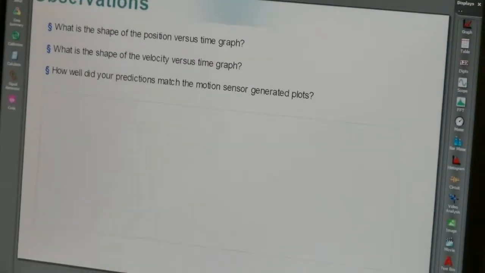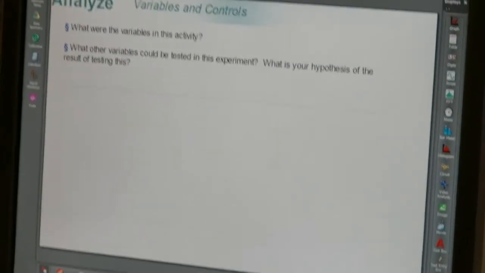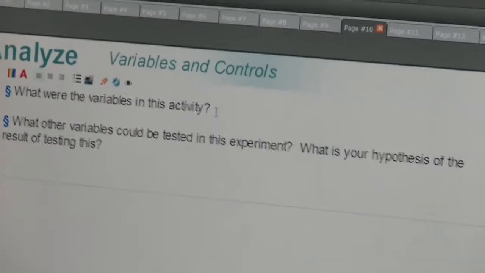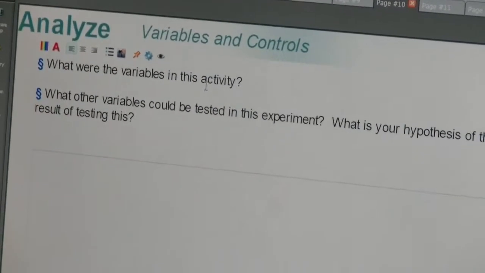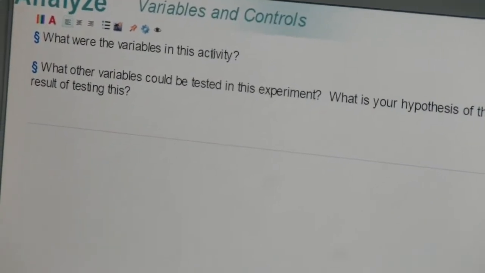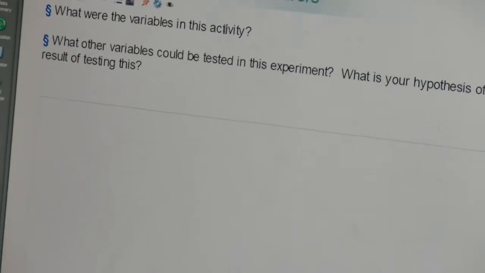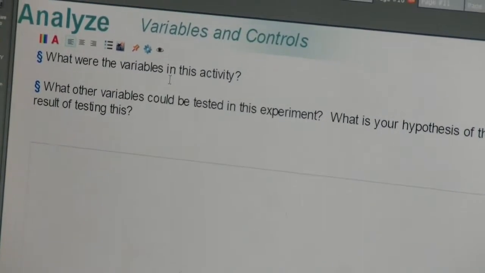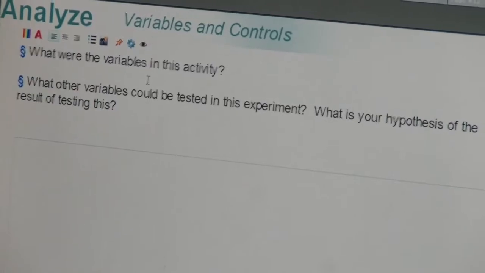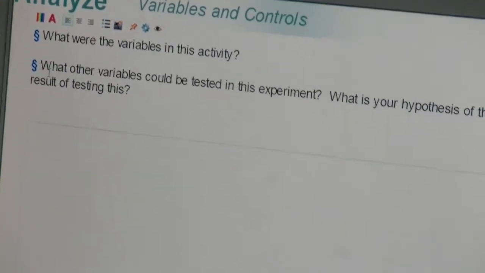Then moving on to page 10, we are required to answer more questions. So what were the variables in the activity, and by variables we mean what were the things that could be varied. For example, the height of the ball and the time at which we start and stop recording and stuff like that.